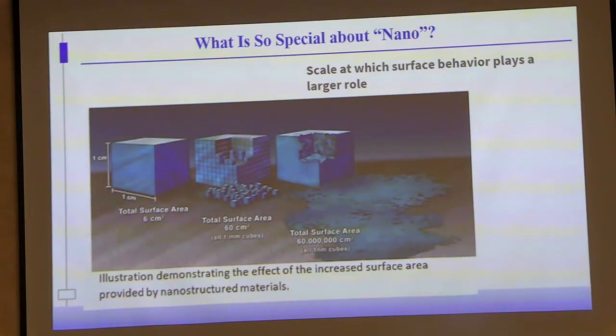But what about if you change it to 1 nanometer? It will be 60,000,000 square centimeters of surface area. So that's crazy. Surface area can be so much.